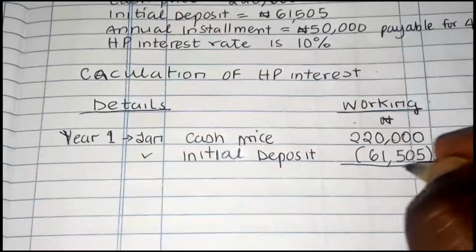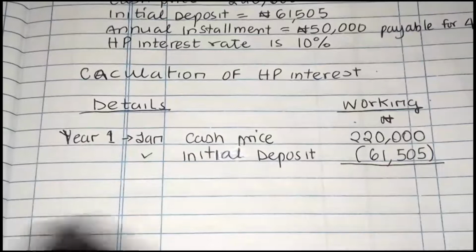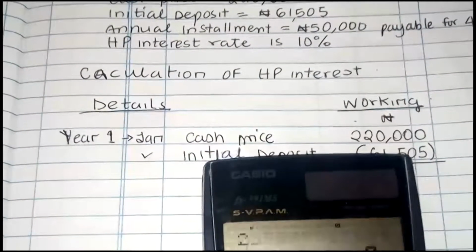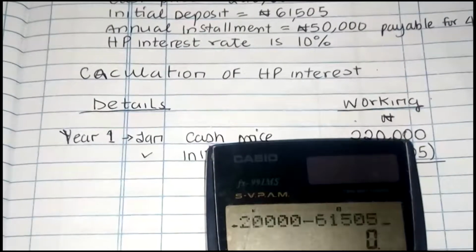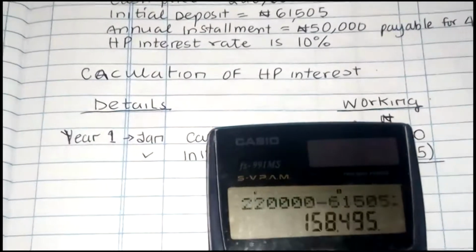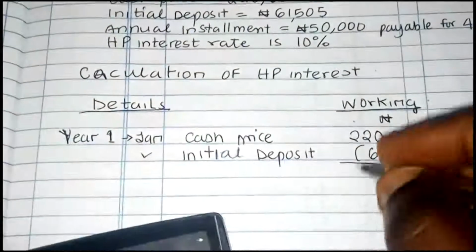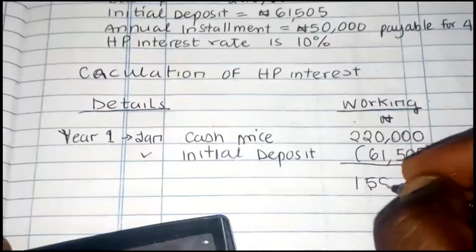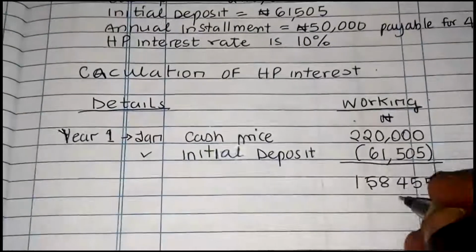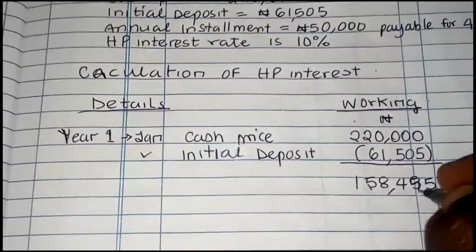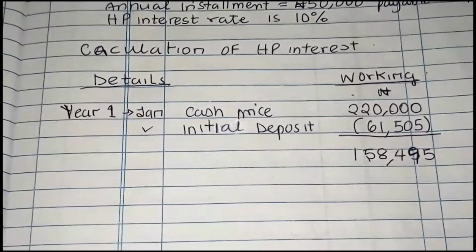Put it in brackets, and let's pick up our calculator. So you have 220,000 minus 61,505. Okay, and it will give you 158,495.